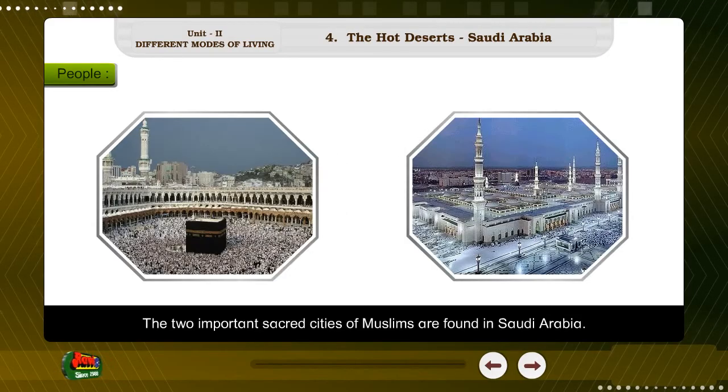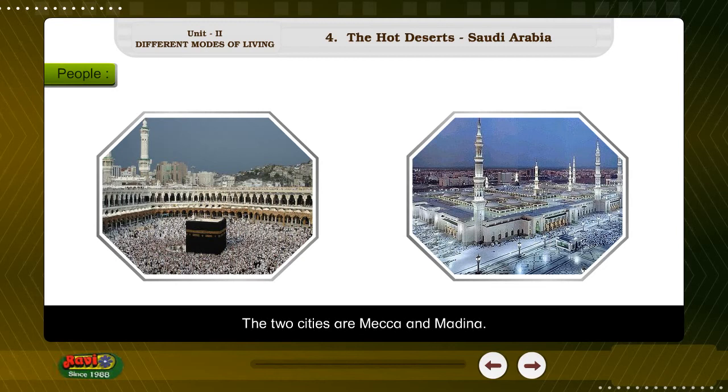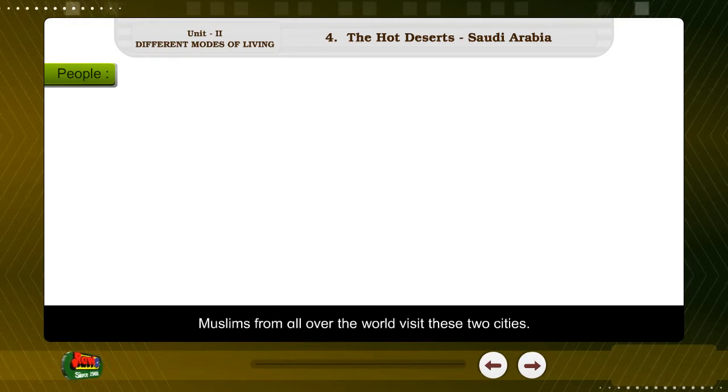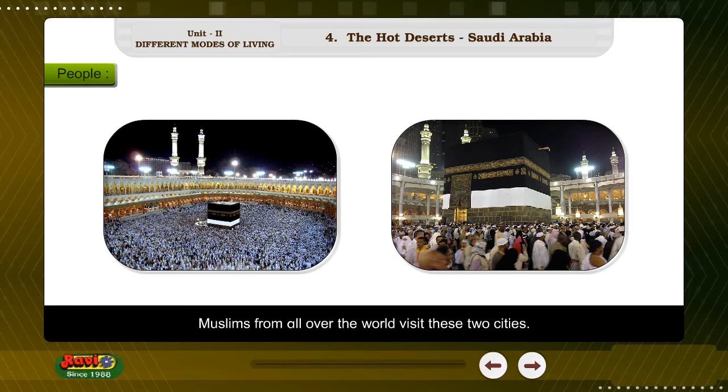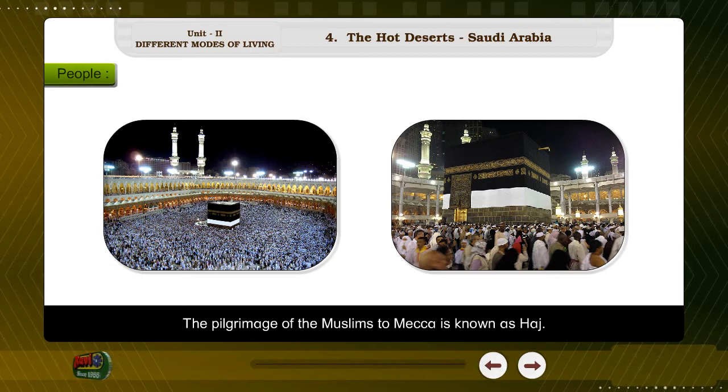The two important sacred cities of Muslims are found in Saudi Arabia. The two cities are Mecca and Medina. Muslims from all over the world visit these two cities. The pilgrimage of the Muslims to Mecca is known as Hajj.